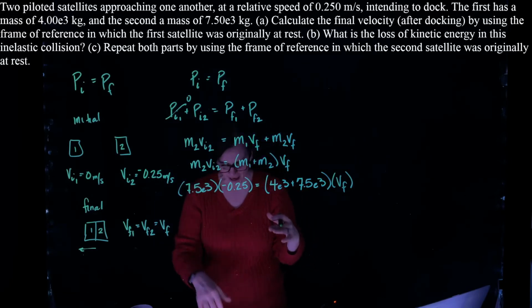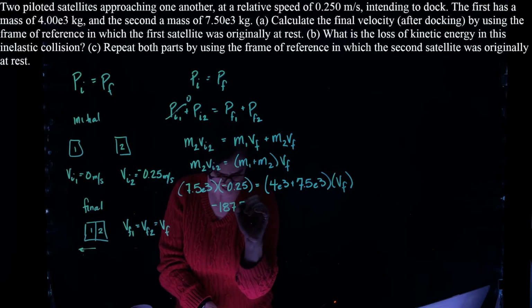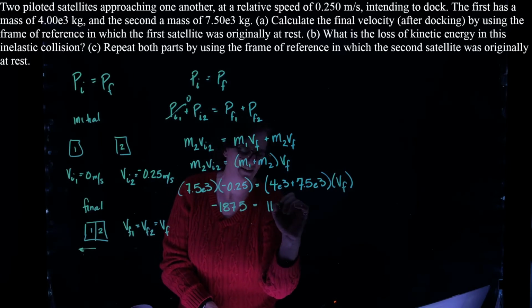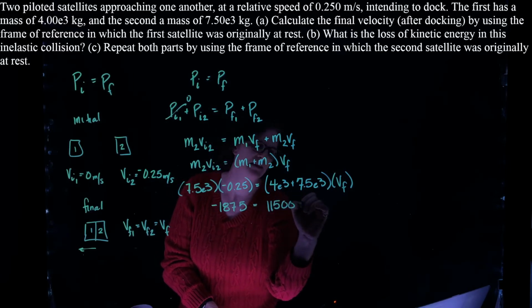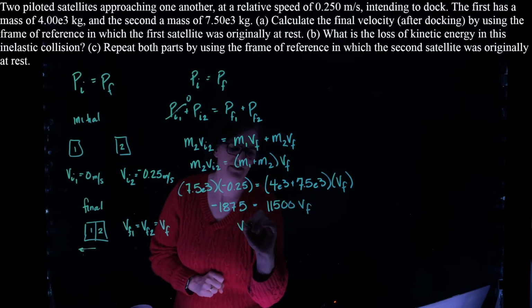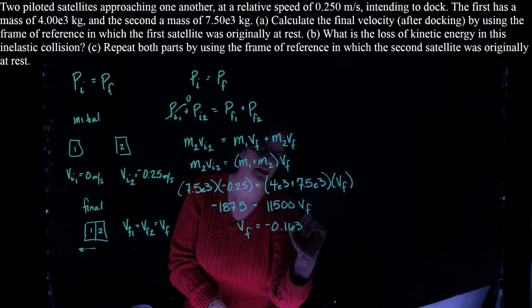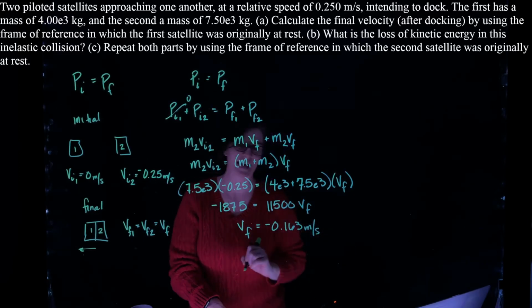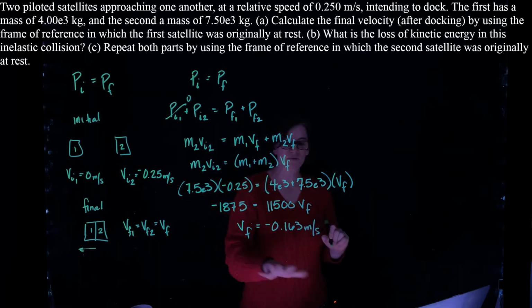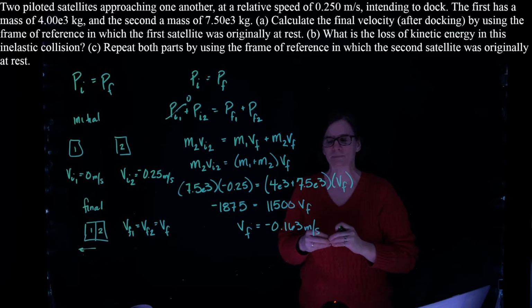When we do that, we find that this is minus 1875 is equal to 11,500 times V final, and we find that V final is equal to negative 0.163 meters per second. All right, so that's my final velocity, part A of this inelastic collision.